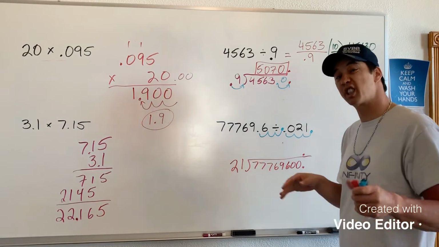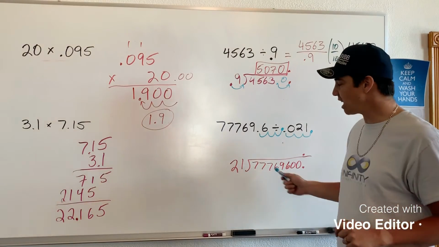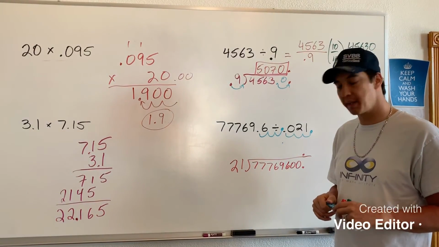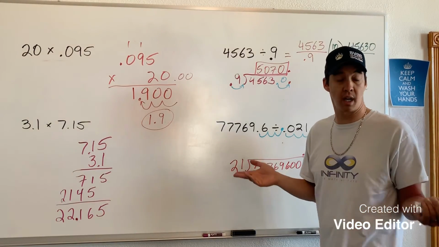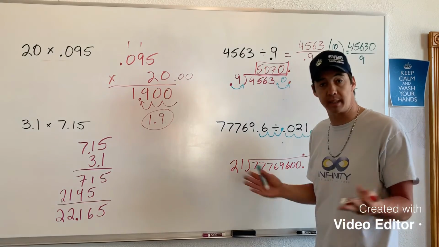Really quick, just a quick review for those of you who are having trouble with long division. Anytime you have a divisor that you're not totally comfortable with, I made you memorize your multiplication from 1 through 12. I didn't make you memorize your 21s.